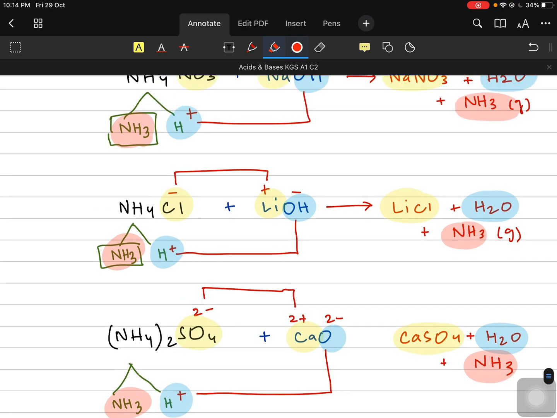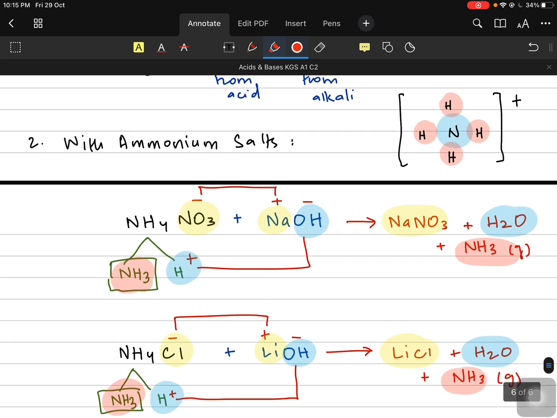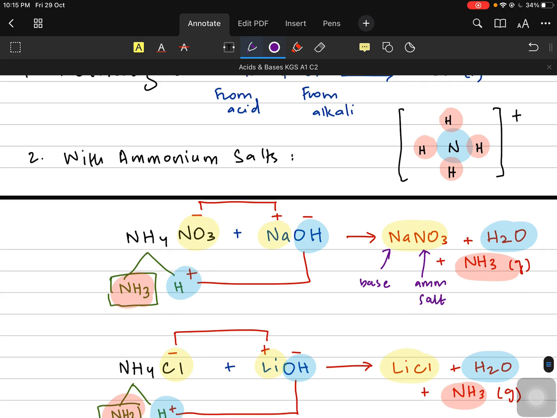So whenever bases react with ammonium salts, you get ammonia gas, water, and a salt. Obviously the salt largely depends on what kind of base you were using, and it depends on what kind of ammonium salt you were using. So again, the salt depends on the initial reactants.